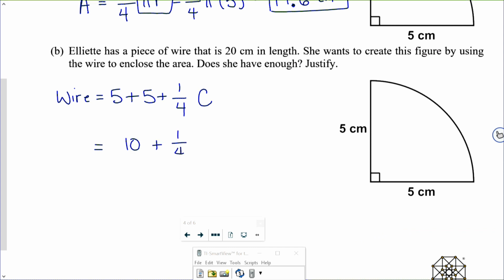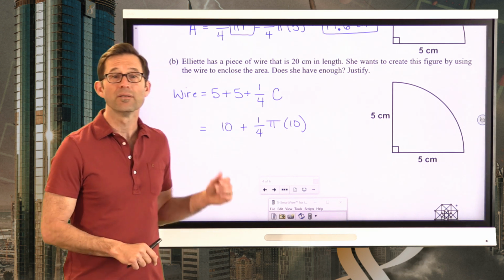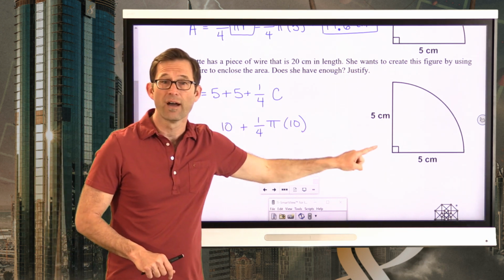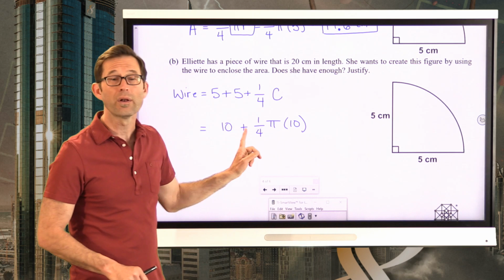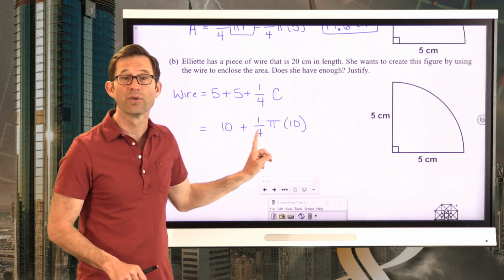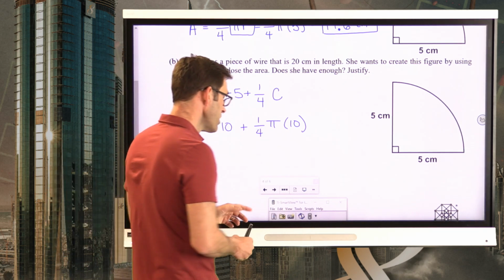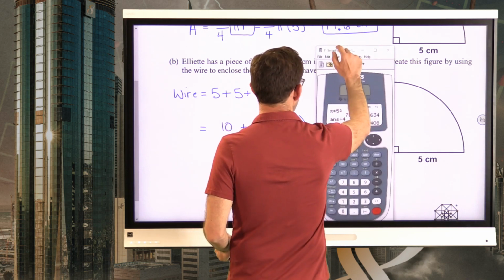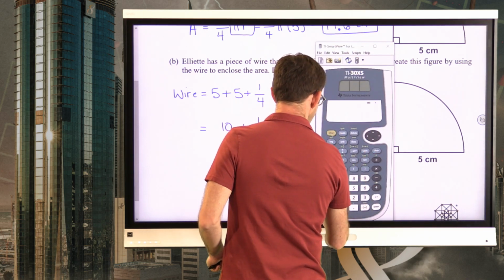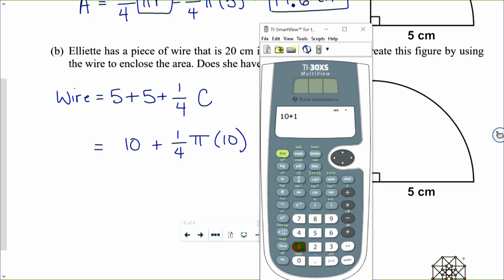Now, how do I find the circumference? Well, the circumference is pi times the diameter. Now, the diameter here is 10 centimeters. So I've got my 10 centimeters just from 5 plus 5, plus 1/4 times the circumference, which is pi times the diameter. Now, we'll let our calculator do the rest of this work: 10 plus 1/4 times pi times 10.